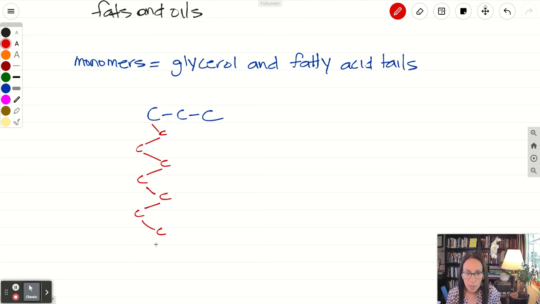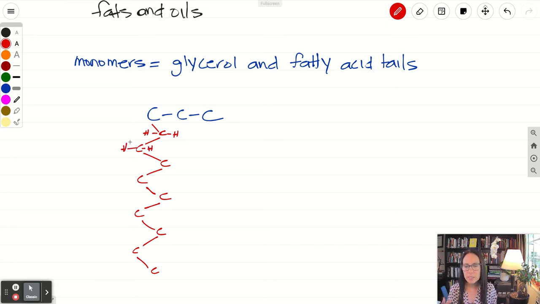So when I draw this fatty acid tail like this, you should always assume that each carbon has 4 things attached to it. Okay, so the glycerol has oxygens and hydrogens attached to it, but these carbons here have just hydrogens. So each carbon has 2 hydrogens attached to it like this.